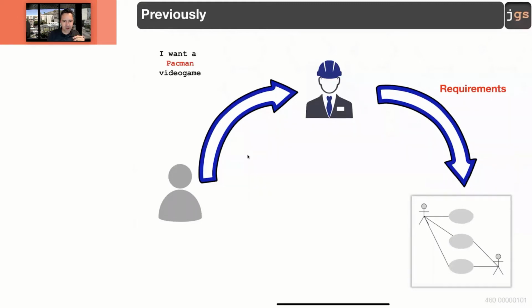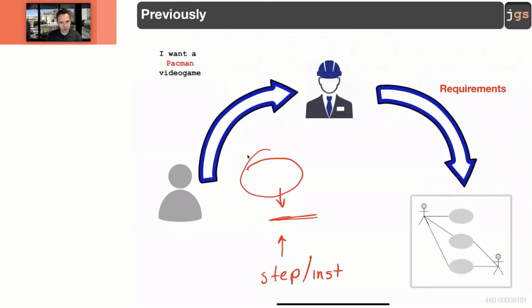In order to create requirements, we did this exercise in the previous lecture about what is a real requirement. The goal is up here, and down here you have the steps, the instructions. Your requirements are at some point in the middle, not too small, not too big.